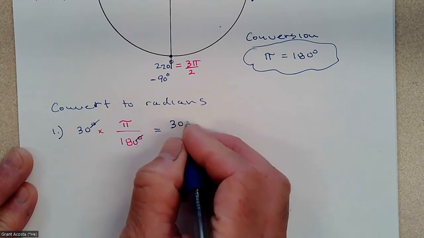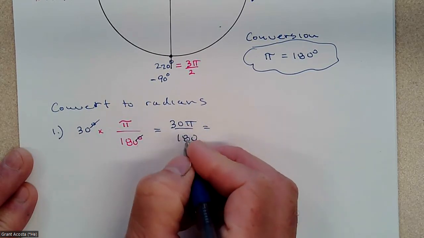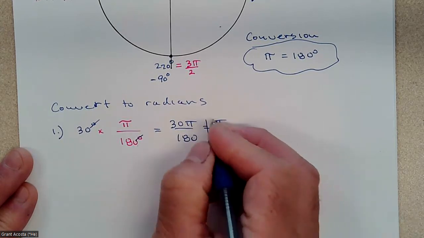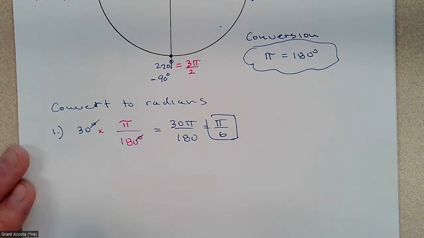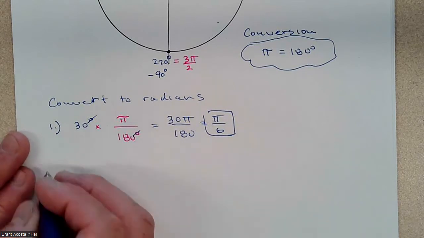So we have 30 pi over 180. And if we reduce that fraction, 30 goes into 180 6 times. That is pi over 6. So 30 degrees in radians is pi divided by 6.